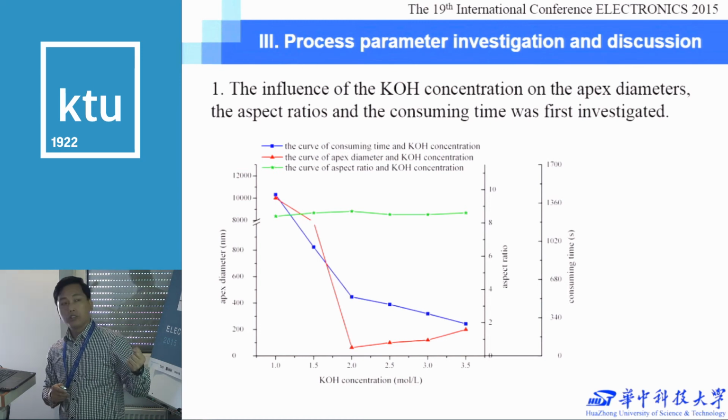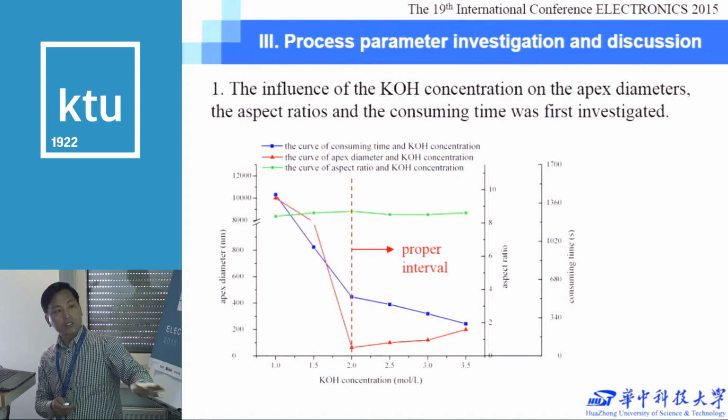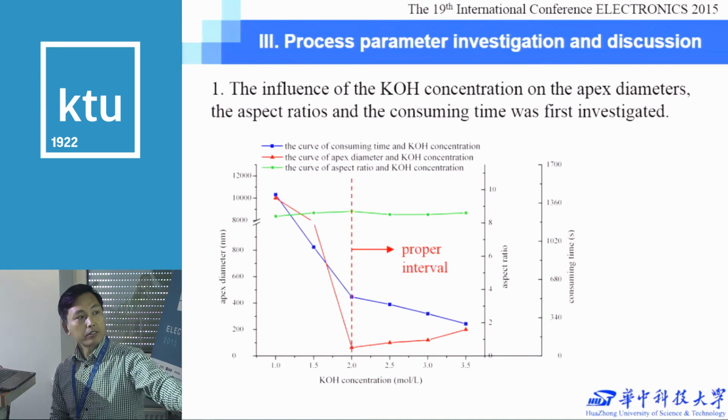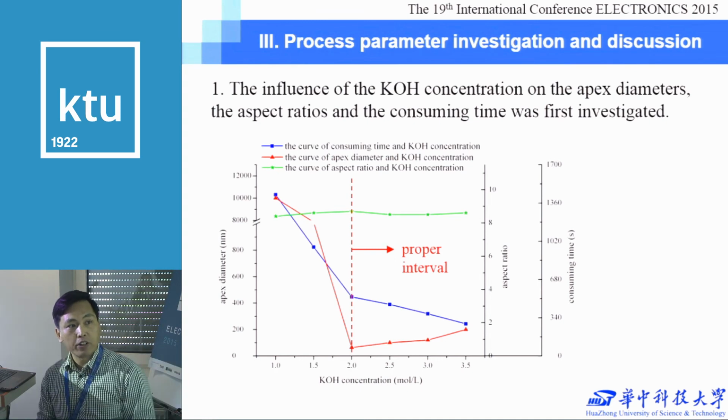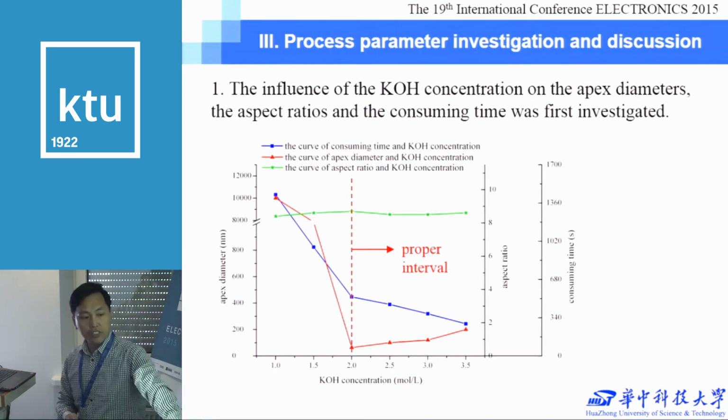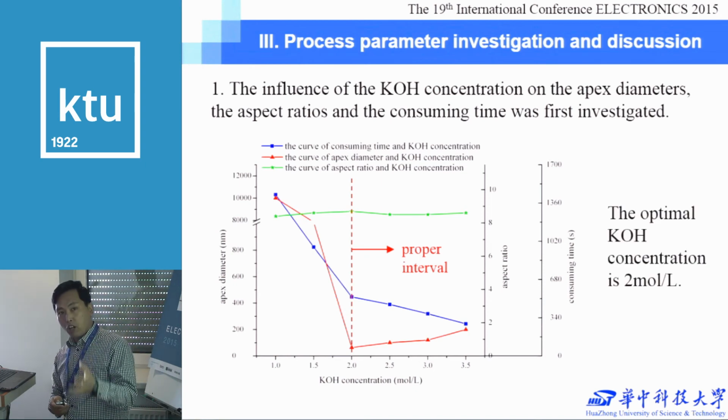We use 3 different lines to express the results, and we can see the vertical lines mark the proper interval. This is the concentration. It means the optimal concentration is 2 mole per liter.